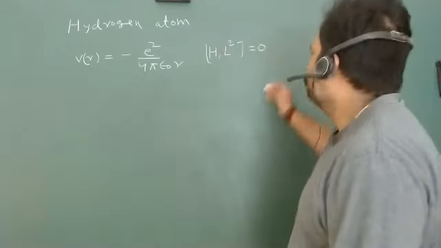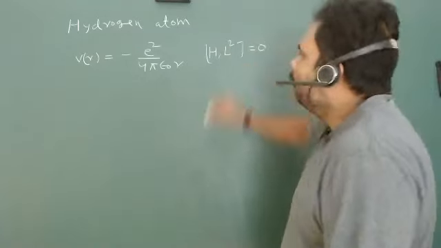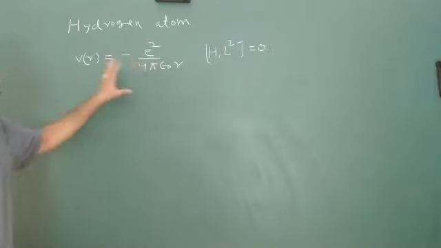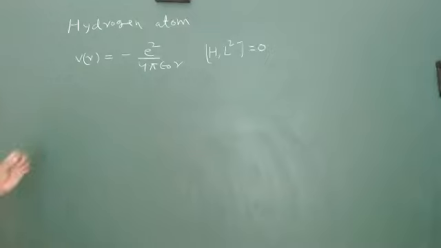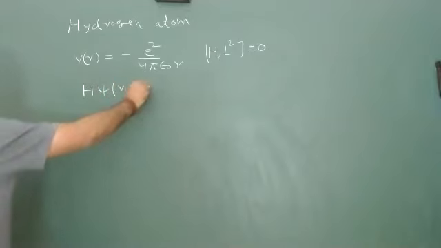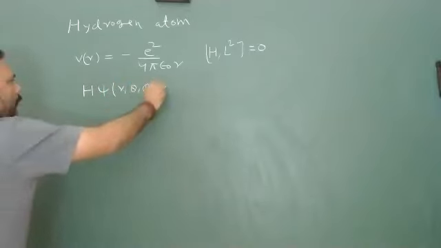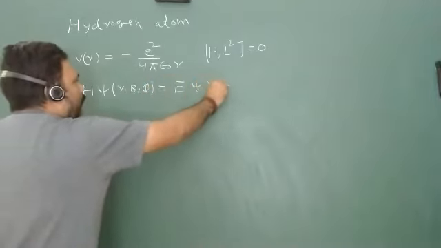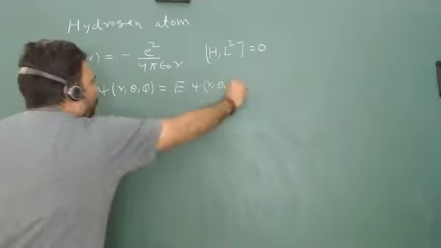So what we have to do: I have the wave function, and we have to solve this problem in spherical polar coordinates. We have to solve H psi, which is a function of r, theta and phi, equal to E psi of r, theta and phi.